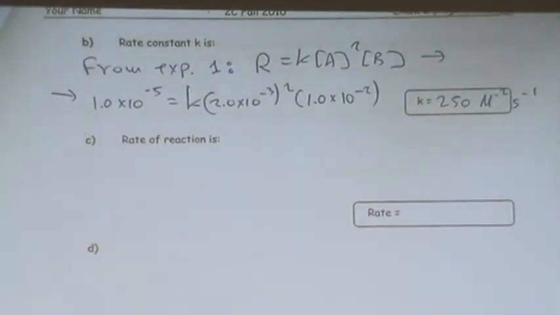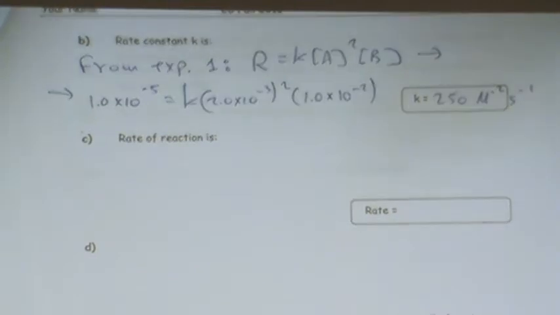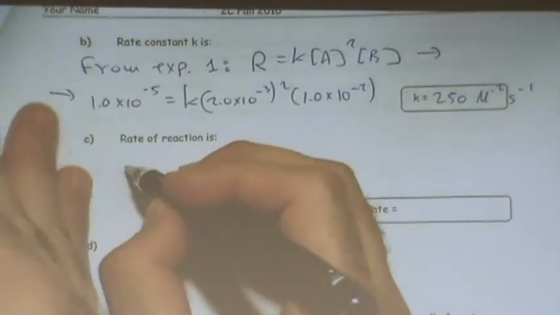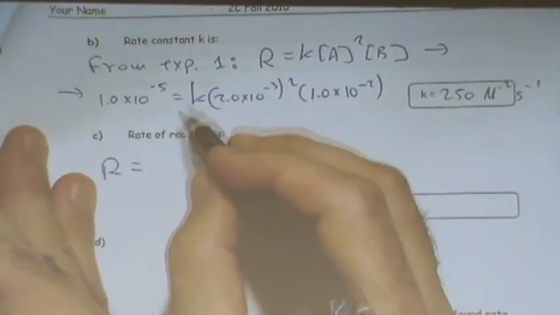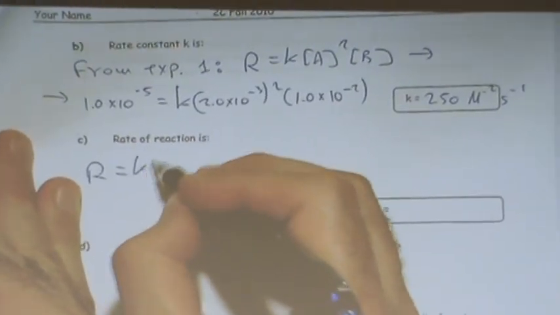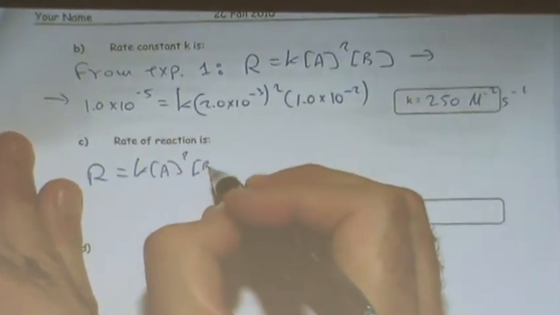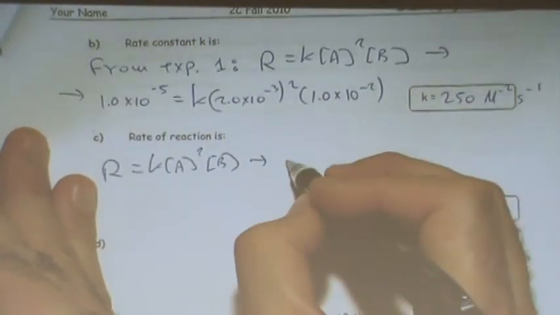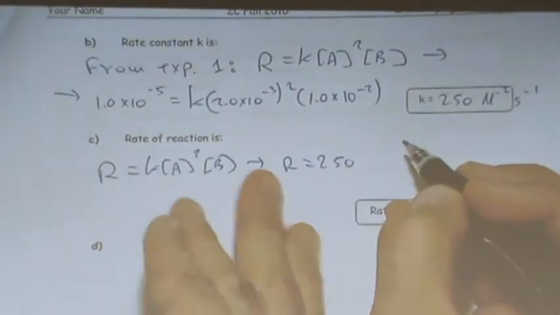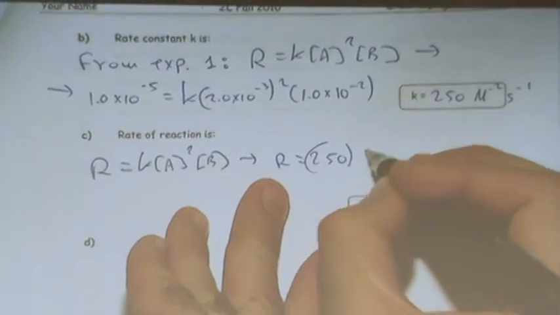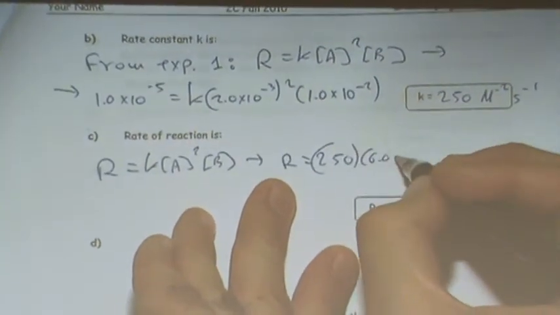And then it asks what's the rate of reaction when you know A and B. Okay, so if you know A and B, you know k, so you can find out how much it is. So the rate will be equal to k A squared B. The rate will be 250 times 6.0 times 10 to the minus 3.